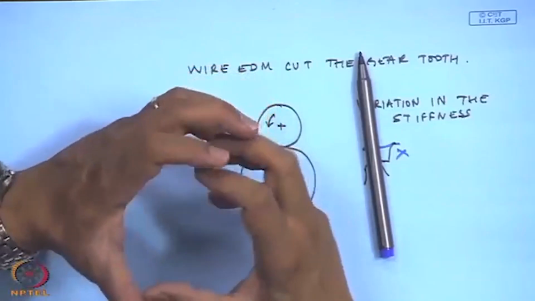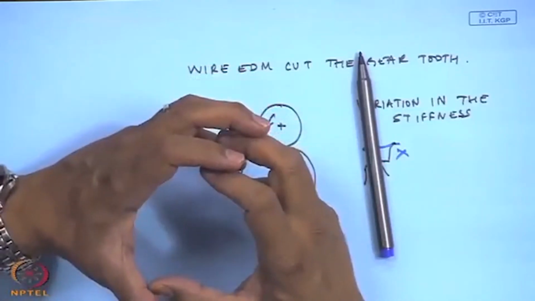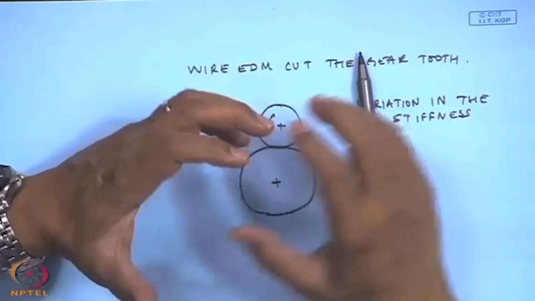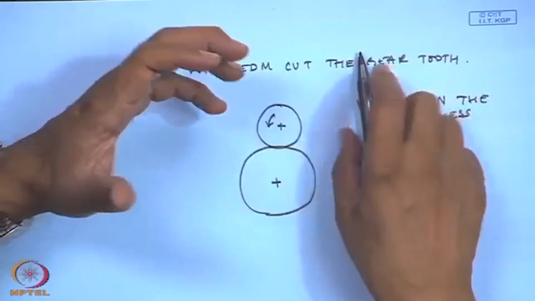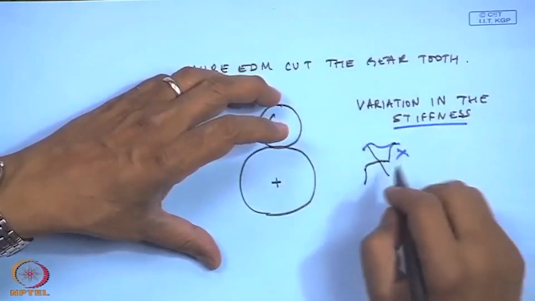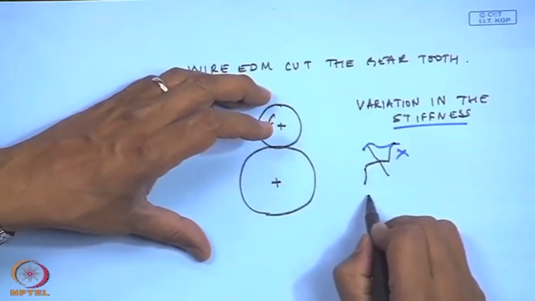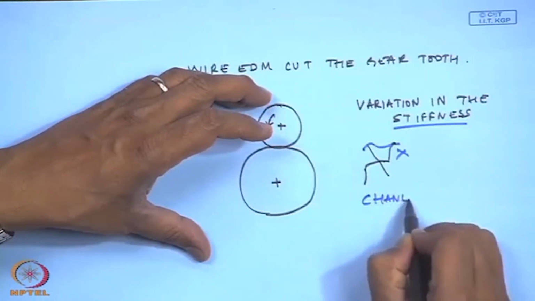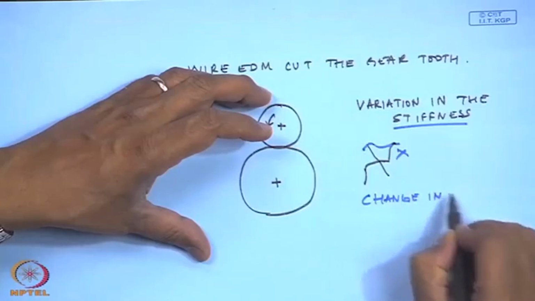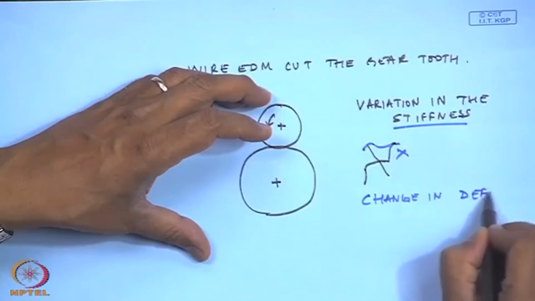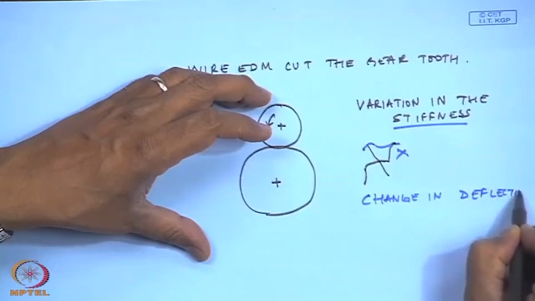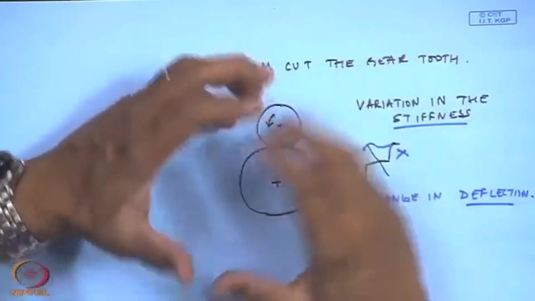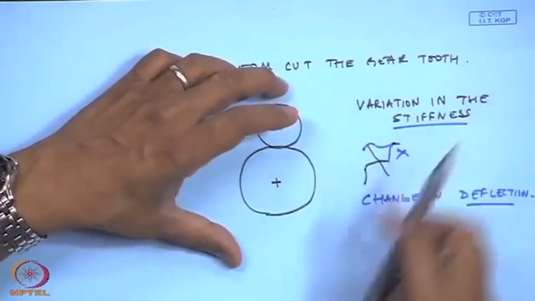So, this will lead to a change in its stiffness. Material is not there. Okay. So, this variation in stiffness leads to a sudden change in the response, or change in the deflection of the gear. So, these deflections will be responsible for creating a vibration.